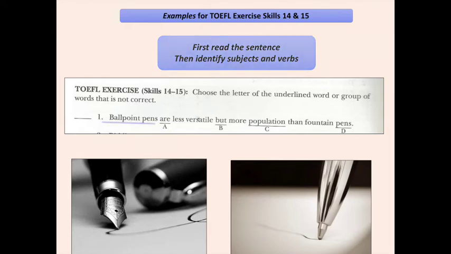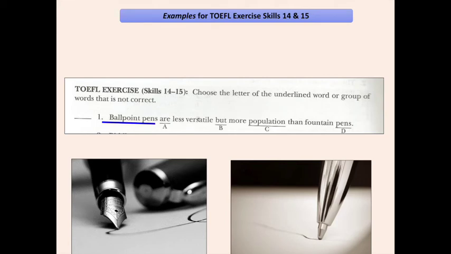We have a subject, ballpoint pens, and then a verb, are. Then we have a coordinate connector, but. It's connecting less versatile, an adverb, and then an adjective, and more population, an adverb plus a noun.